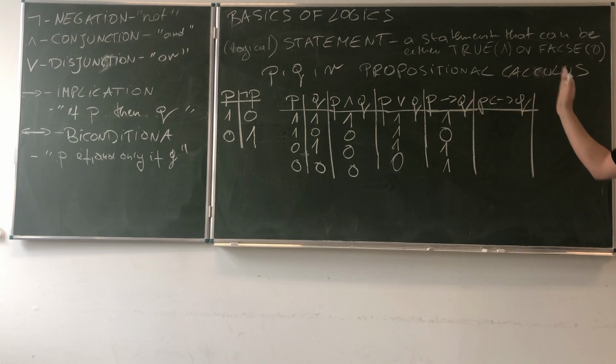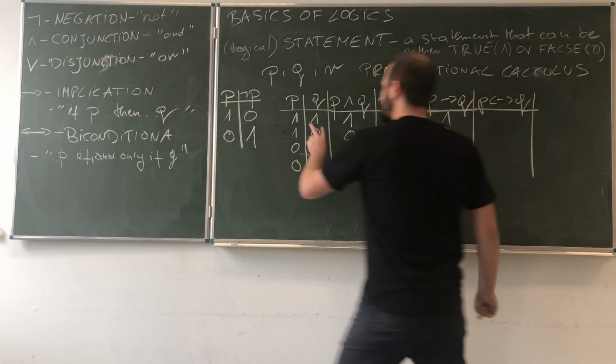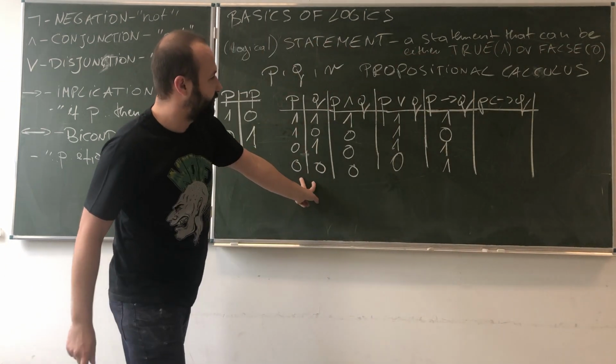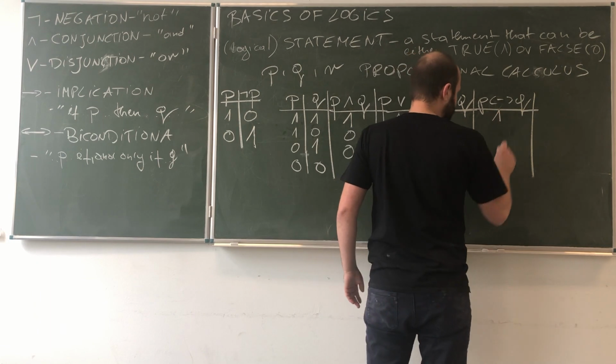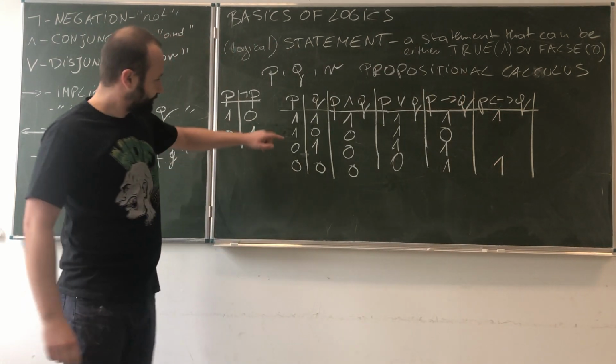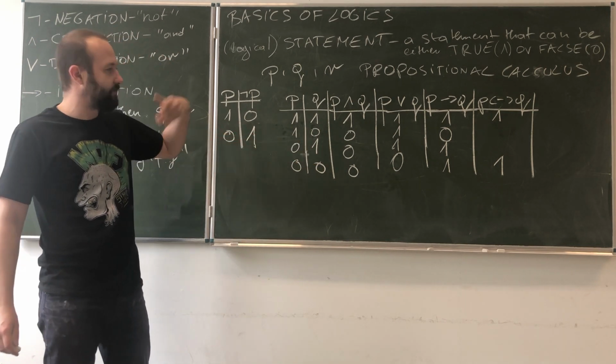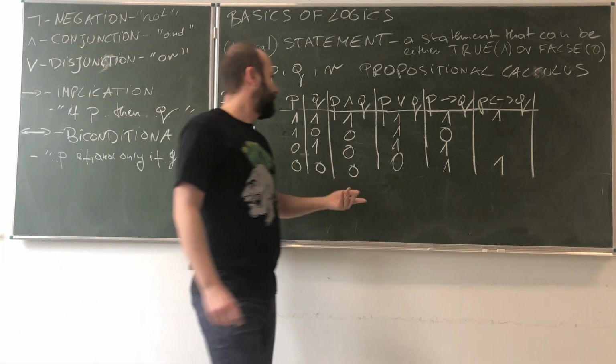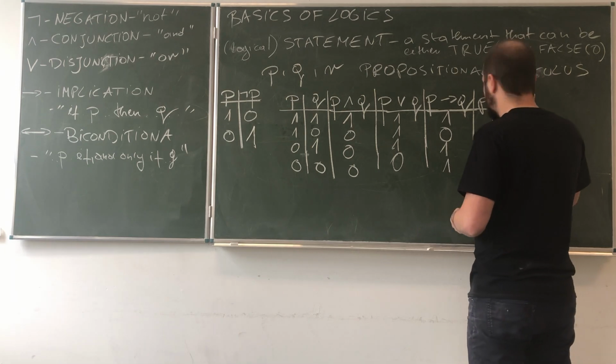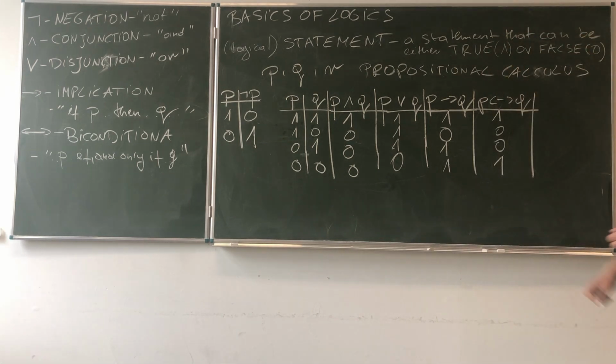Logical value on both sides must be the same. Then the statement is truthful. So look, if they are both truthful or they are both false, we will get a truthful statement. Now, if they have different logical values, so one of them is false, one of them is truthful, then we've got a false statement.